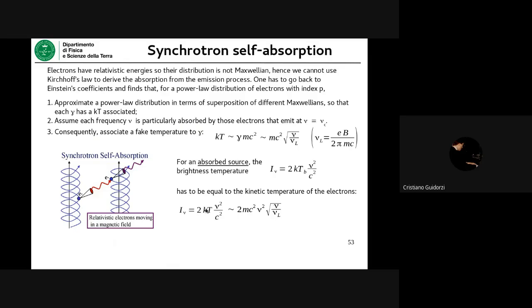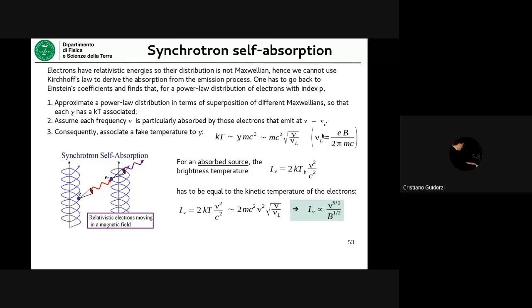Combining all this, you see that the total scaling is with nu to the 5/2 power. And here I also included the dependence on B. The dependence on B goes through the dependence on the Larmor frequency.